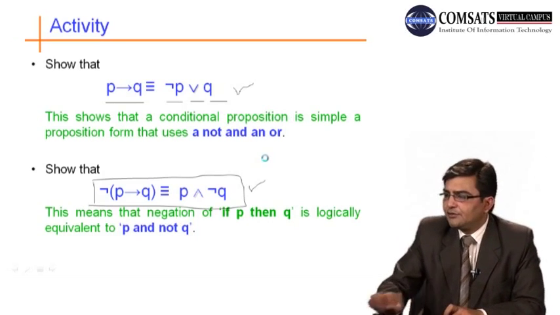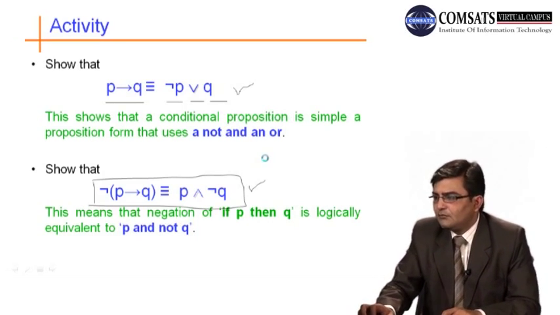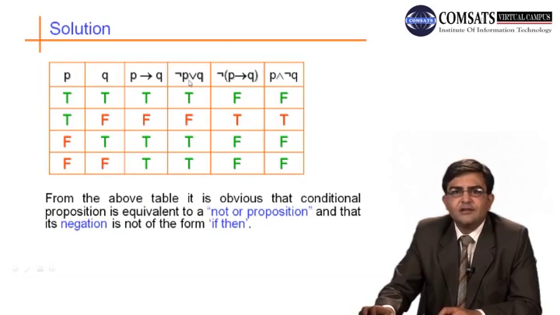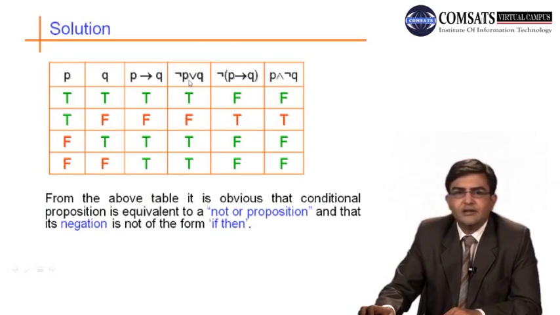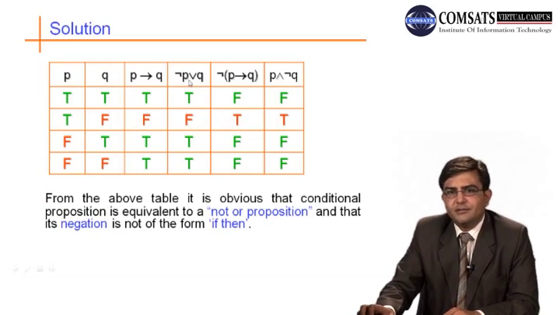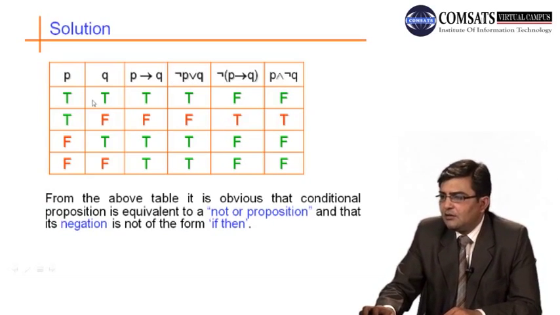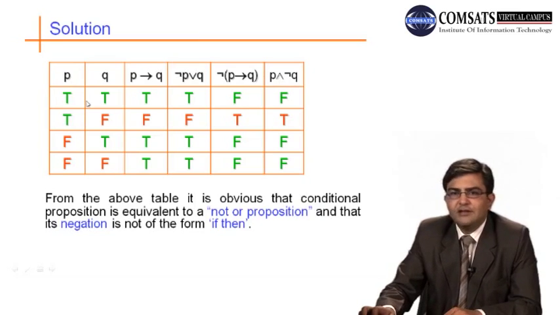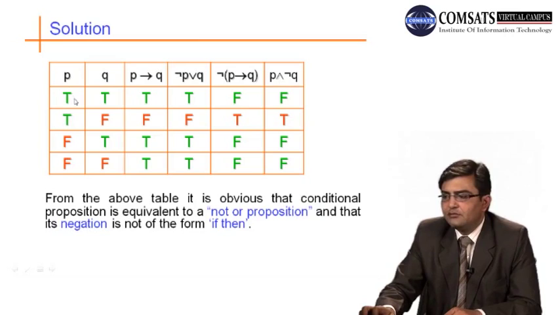We construct the truth table of these two expressions. This is the truth table of P implication Q and the other compound statement. We have P and Q, two propositions. The truth values are true, true, false, false, and true, false, true, false.